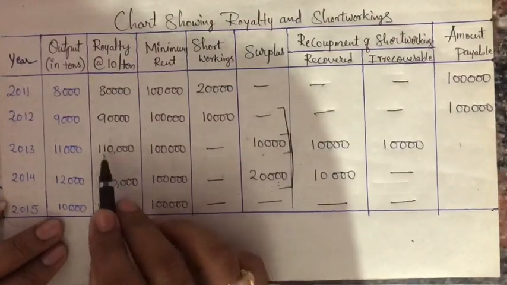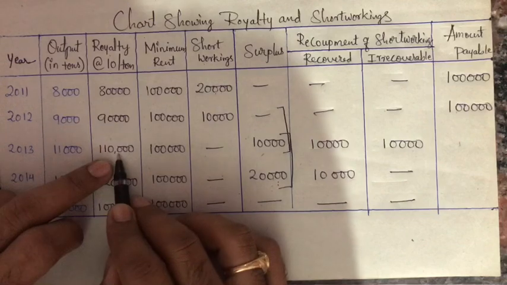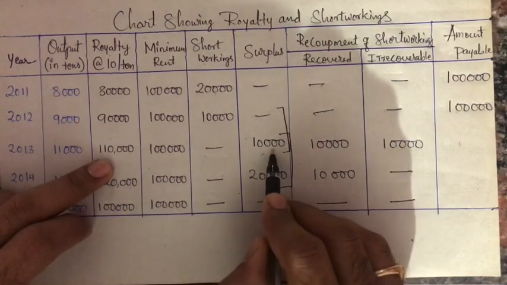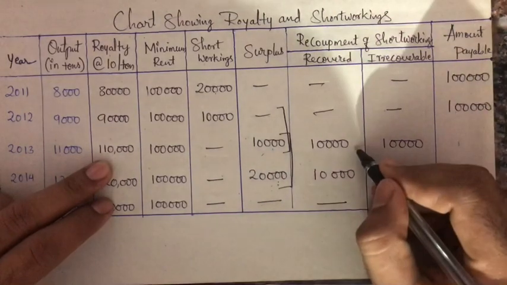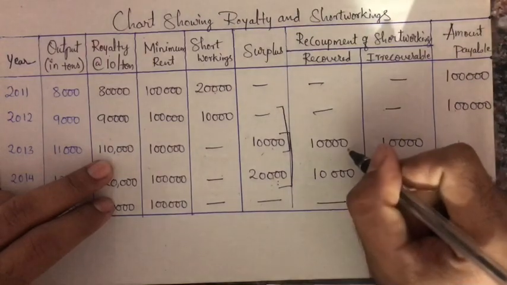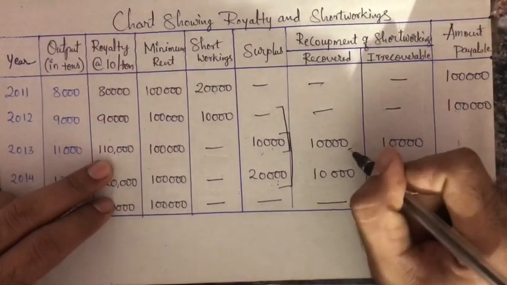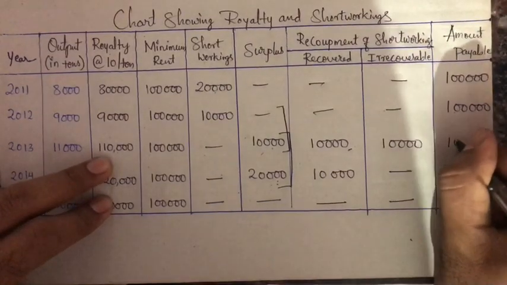And here royalty is greater. Whenever royalty is greater, you have to cross check. If royalty is greater, then we might have had a surplus. Yes, we had a surplus. If we had a surplus, we might have recovered. Yes, we recovered. So out of 1,10,000, we utilized 10,000 for recovery of short workings. 1,10,000 minus 10,000 is 1 lakh.